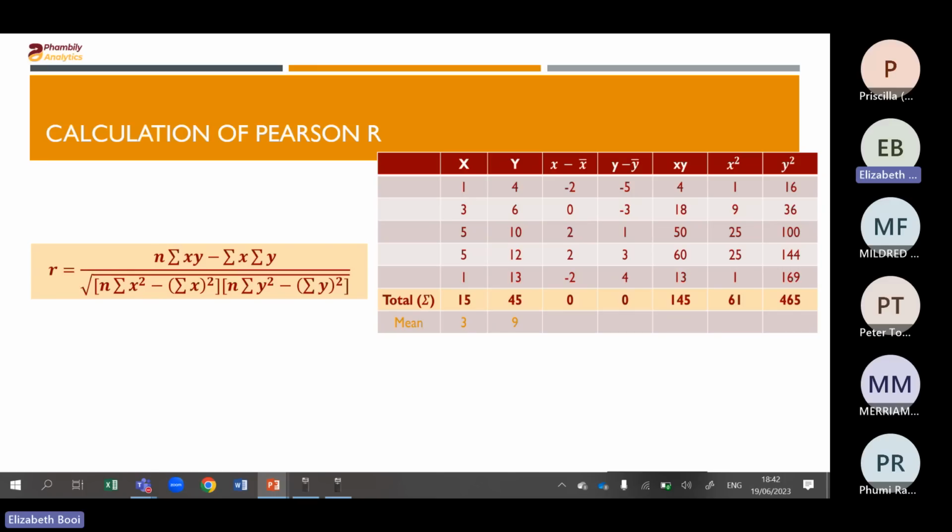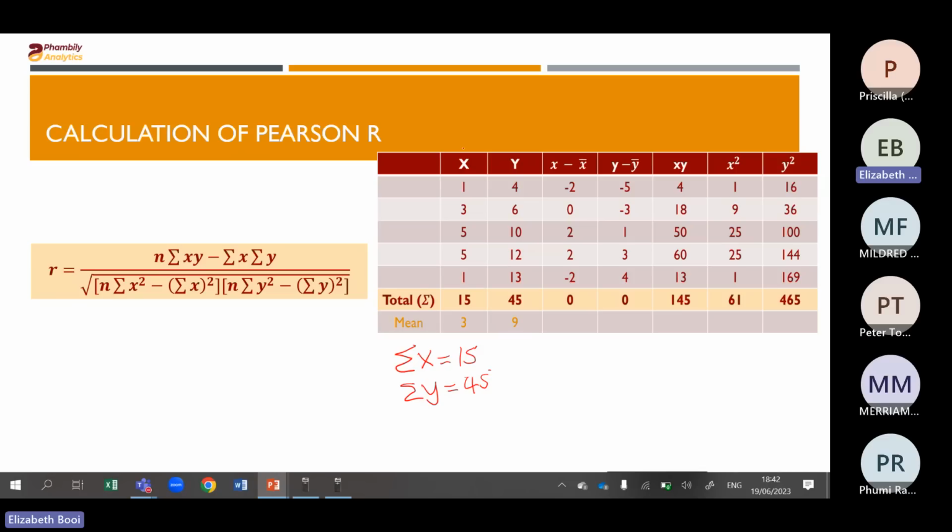Now, this is the same table as I showed you previously. The data from the grade and the supervisor are here. We calculate the total, and remember the total is the summation. So the summation of x is equal to 15, and the summation of y is equal to 45, because we added all the values.